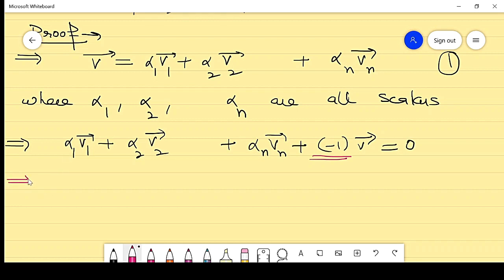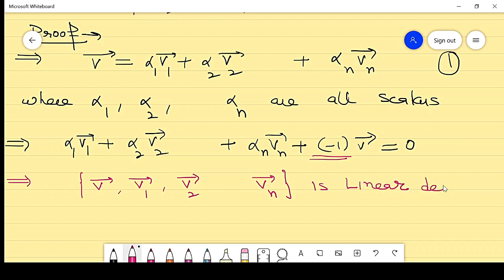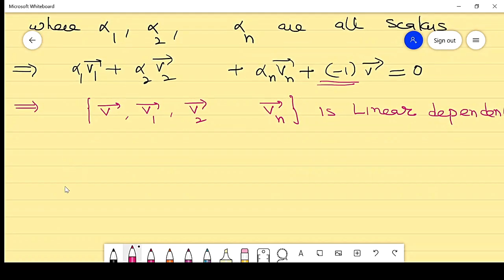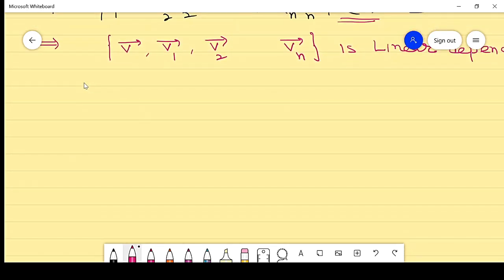It implies the set consisting of vectors V, V1, V2, V3 and Vn is linear dependent. So that is the proof of our result.